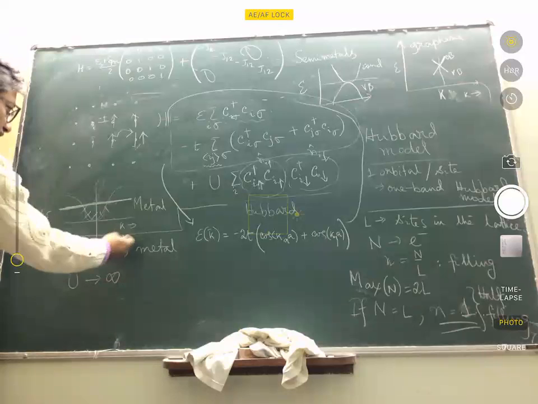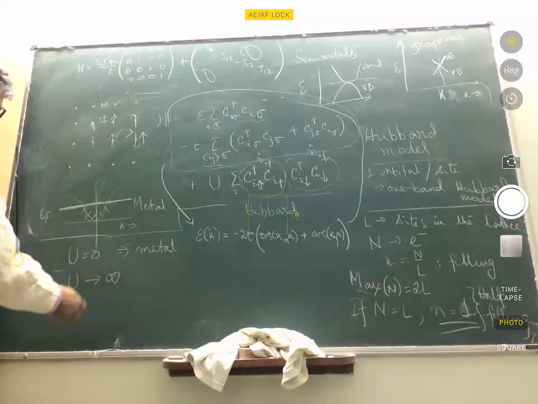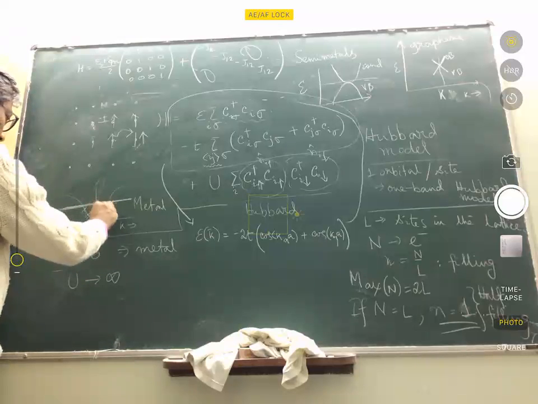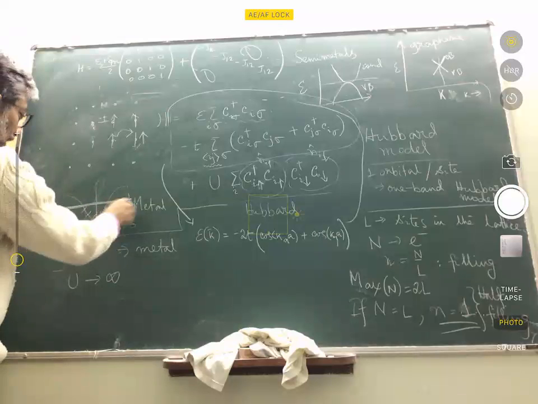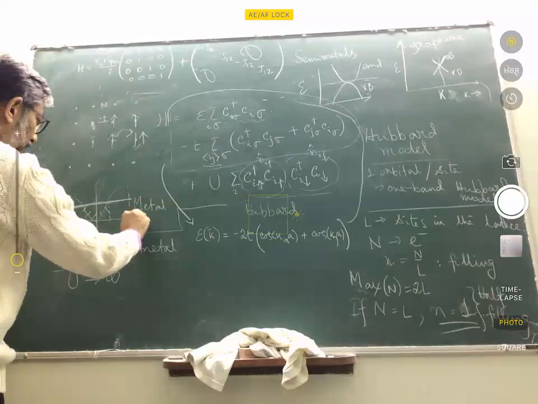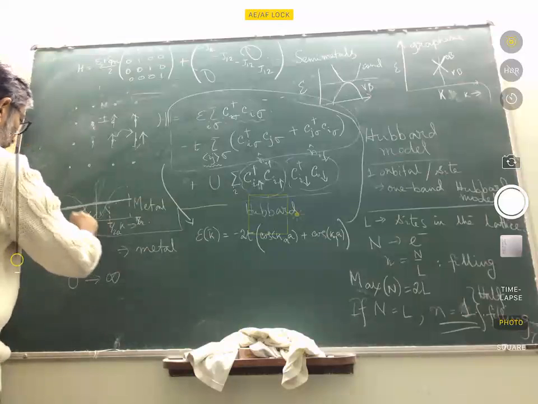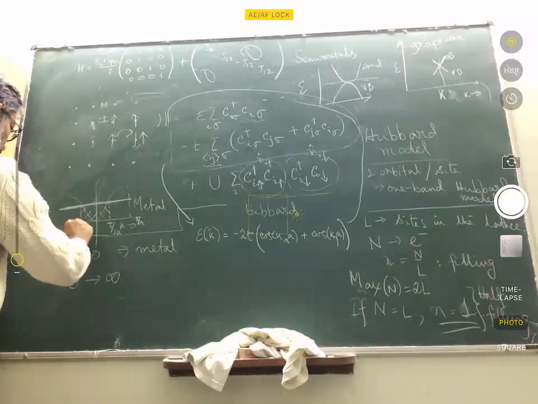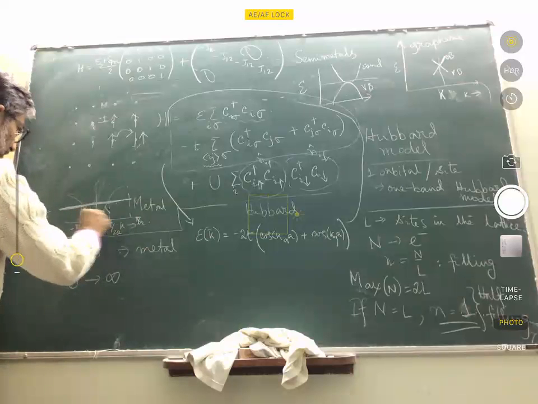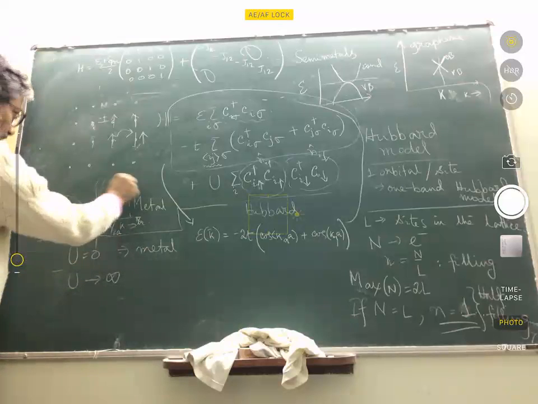And we can easily evaluate. If half of these are filled, in 1D, from k equal to 0 to pi over a, this would be pi over 2a, and here it would be minus pi over 2a. So these states are filled, and these states are empty.